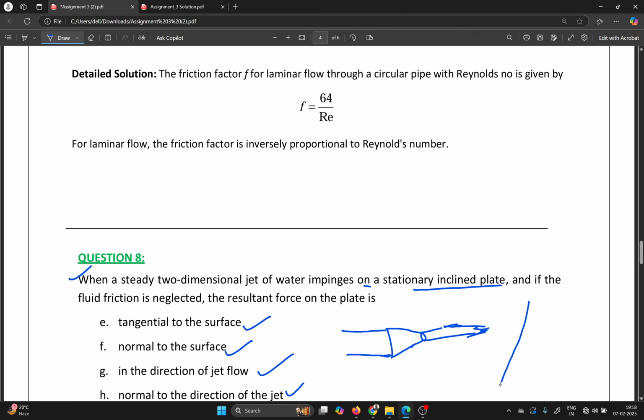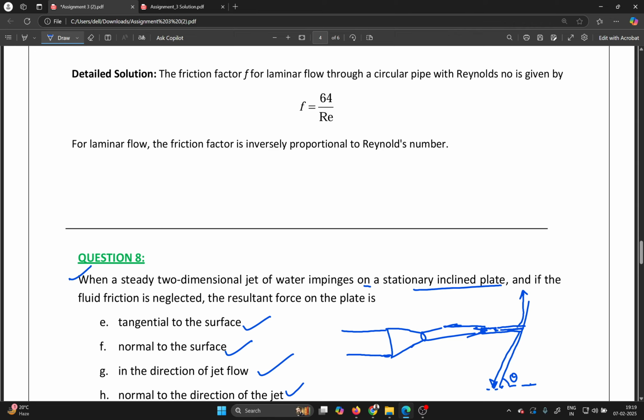Let us suppose this is inclined at theta with the horizontal. What will happen? Some fluid part will go in this direction and some fluid part will go in this direction. This is the general understanding.